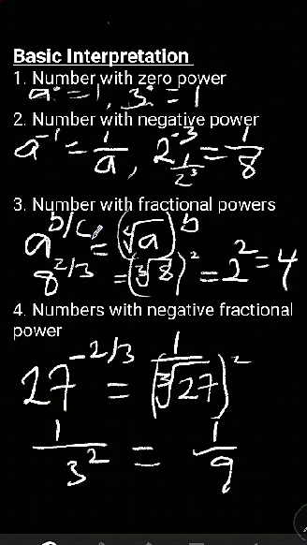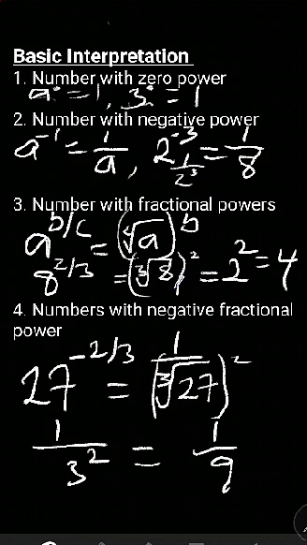So let's look at a number with fractional power. We have a raised to power b over n, and the denominator is taken as the root. You can see the root we have here, okay? While the numerator is taken as the power of the result remaining. So looking at this, 8 raised to power 2 over 3, this 3 becomes the root, and this 2 remains as the power, and we have the cube root of 8 raised to power 2.